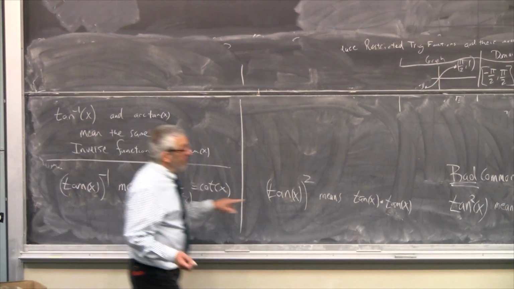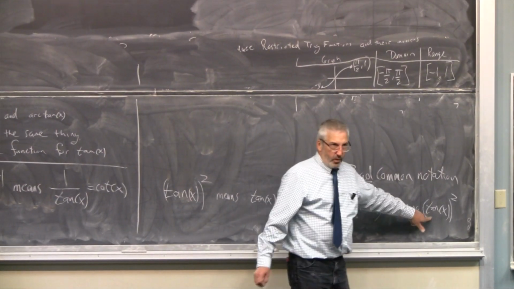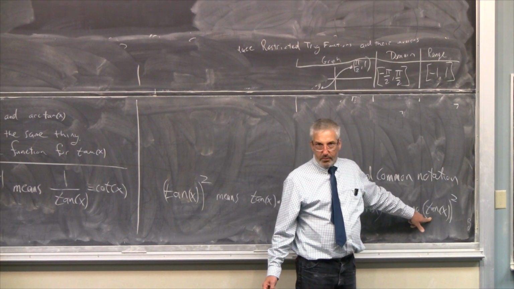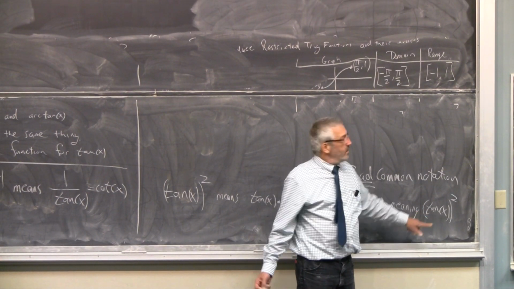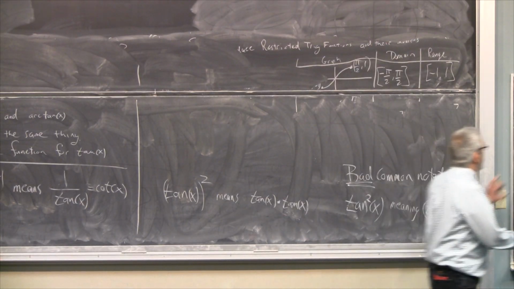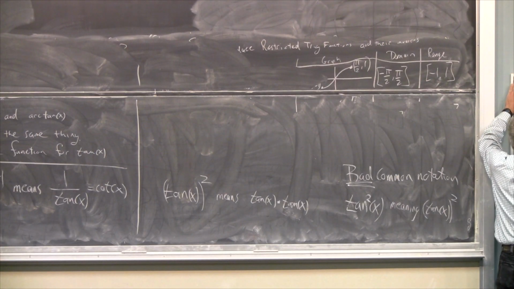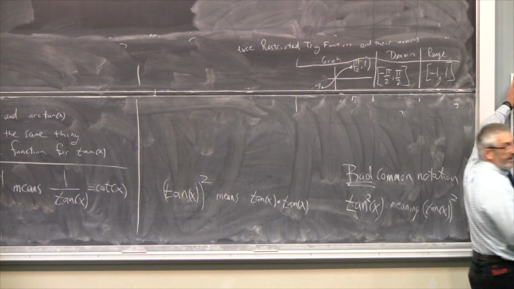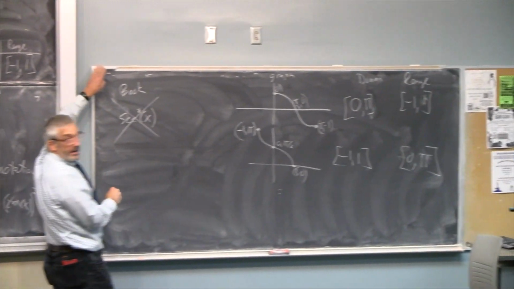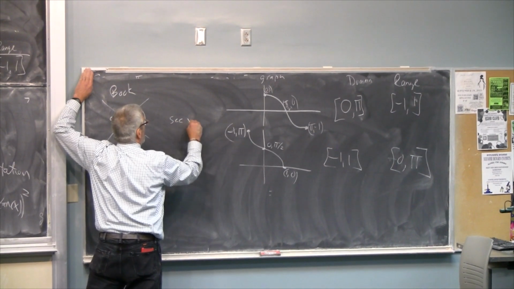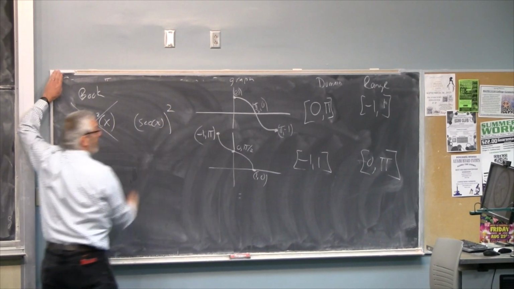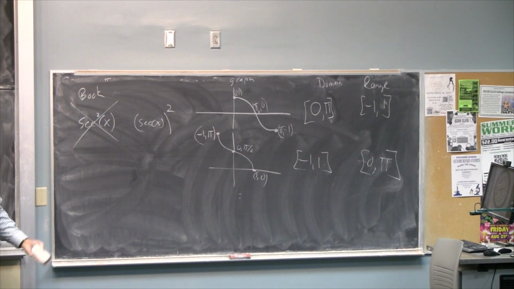So you'll notice that in class, I always do this dorky thing, which they don't do in the book. The book writes secant squared x. That's what the book does. I don't do that. I always do that, because I think it should be clear.